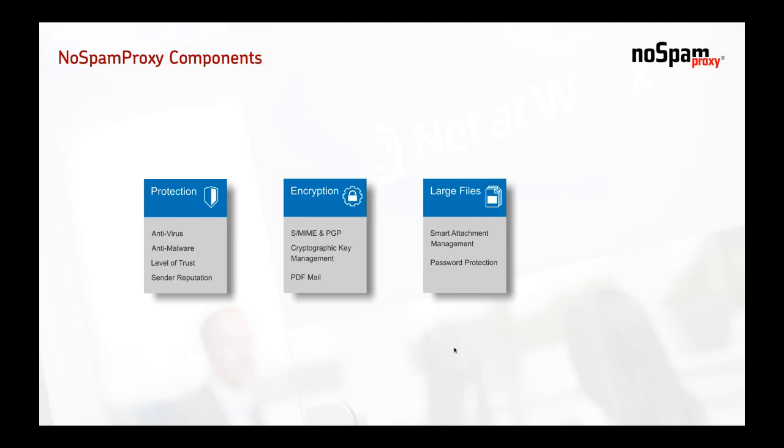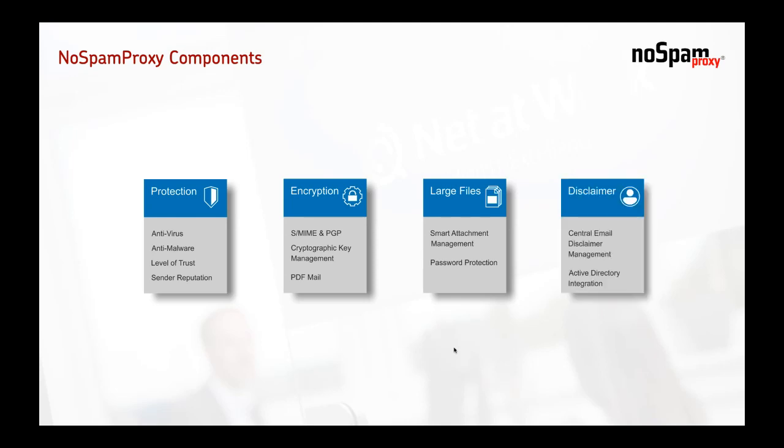The third one is NoSpamProxy Large Files. Large Files is the solution to exchange rather big attachments in a secure way using email. So our aim is to support your customers and their employees to use email in a safe way, and we also want to make it possible that your users can use email to exchange rather big files, and this is achieved by NoSpamProxy Large Files.